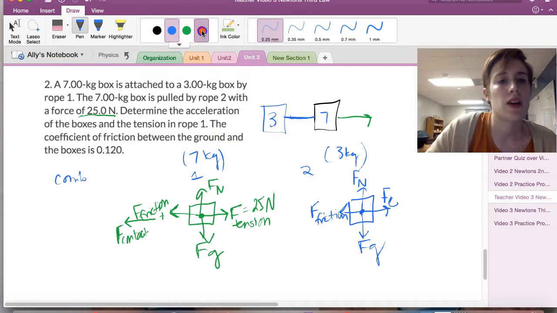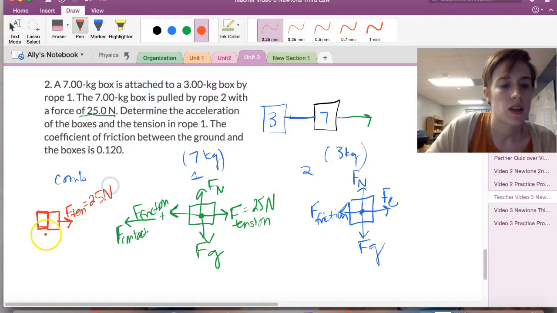Okay, and then our combined diagram. Here's our 2 objects right here. Okay, they're being pulled with a tension force of 25 newtons. Gravity's down here. Tension is here. And then normal force is up.